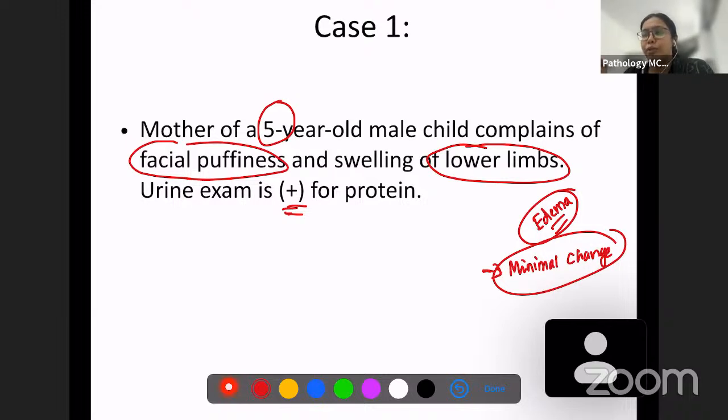First of all, you have to know that in minimal change disease, the light microscopic finding is normal. Okay, and there has to be something wrong, right? Proteinuria is happening. Even though light microscopy is normal, there has to be some finding because there is some abnormality happening. So you will find it in electron microscopy. Electron microscopy is going to have effacement of foot processes.